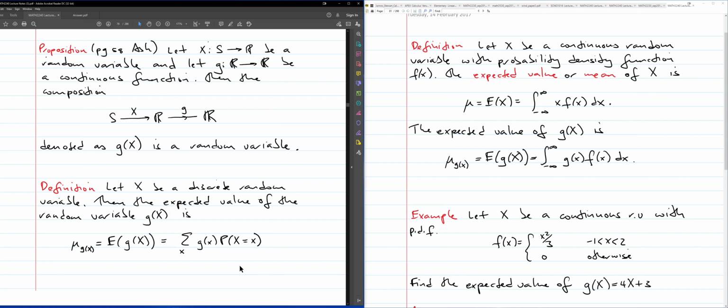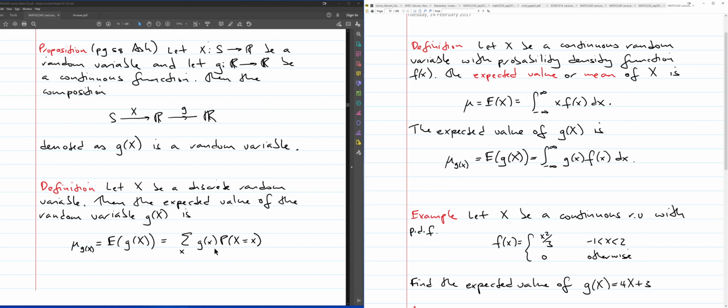So this is the formula for the expected value of a function of a random variable when x is discrete. When the random variable is continuous, you have a similar formula. You take g of small x.